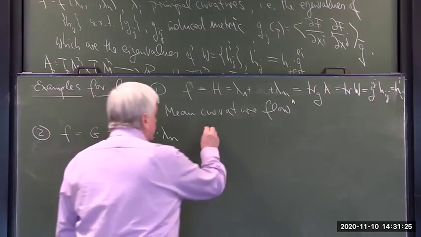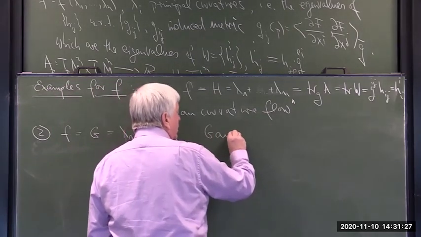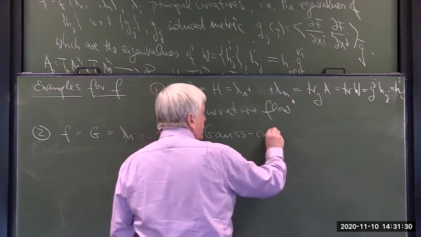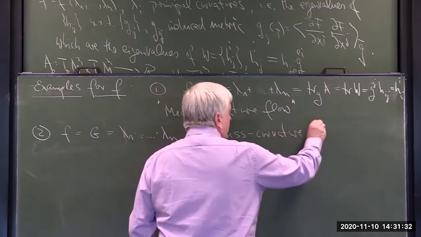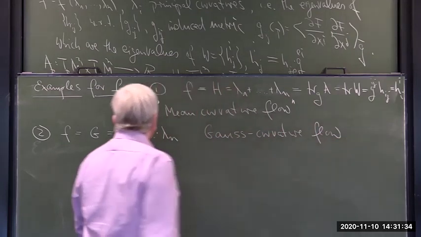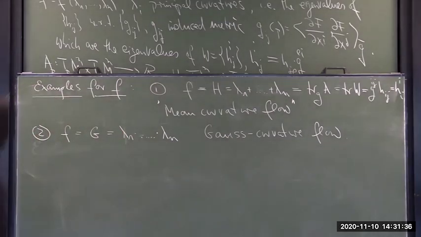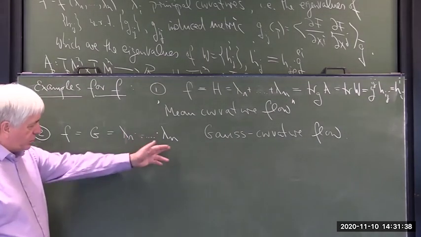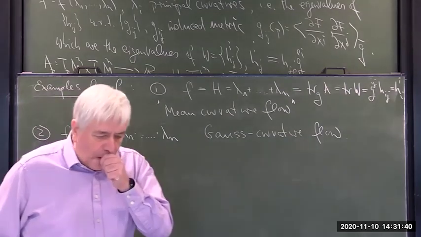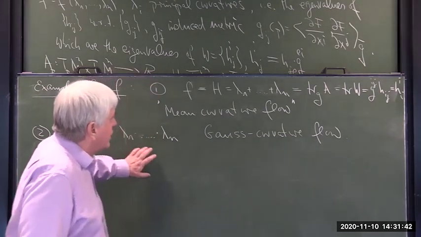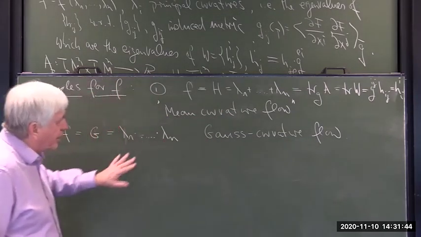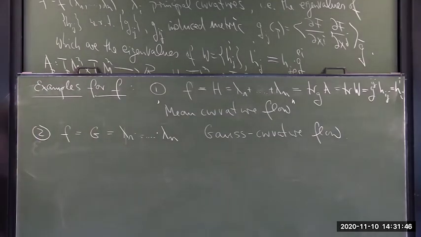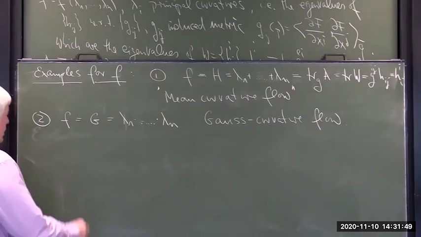It's the Gauss curvature flow. So in this case, it is again symmetric, homogeneous, but now homogeneous of degree n rather than homogeneous of degree 1. We have a different speed, different behavior.